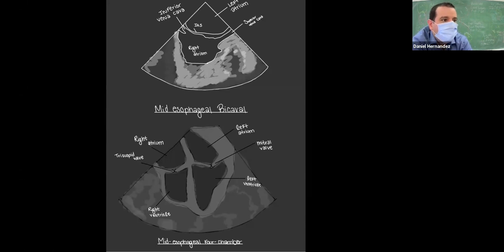Also, in patients that we're concerned about pulmonary embolism, we could potentially see signs of right-sided heart strain, right atrial collapse, or potential thrombus within the SVC or the IVC. So that's a good view to assess for that.